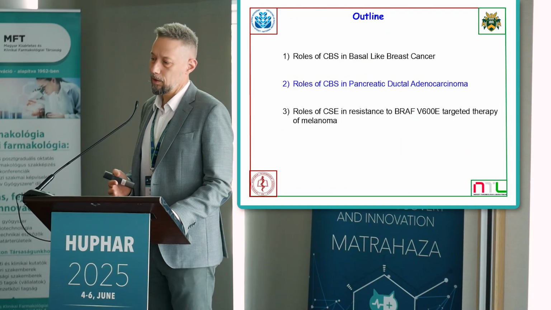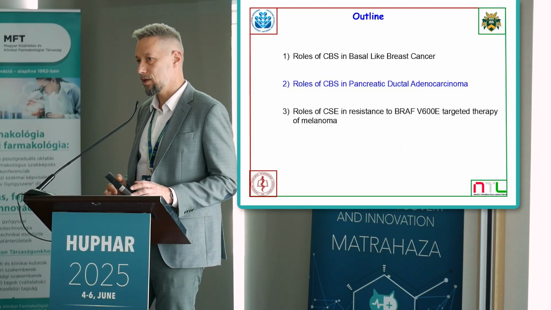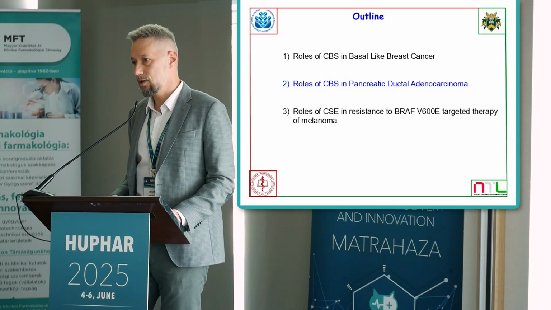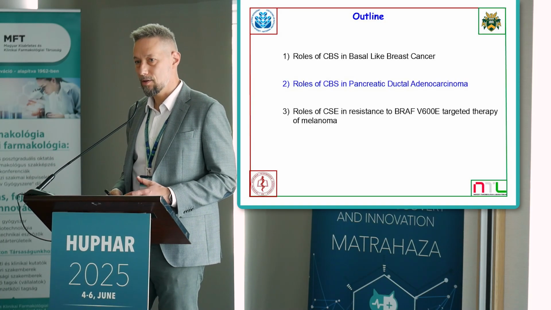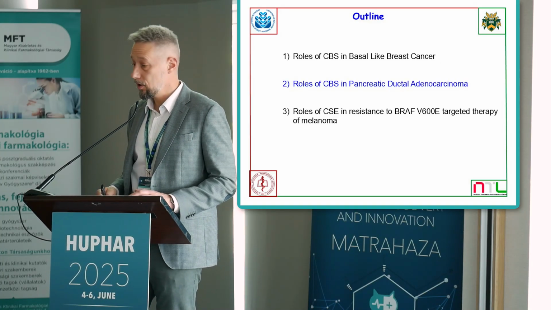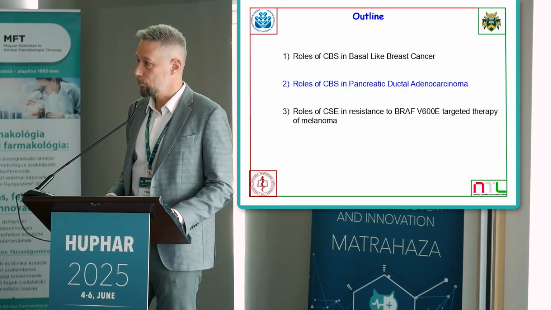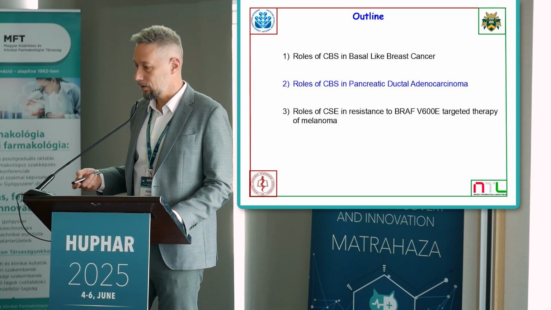The second part of my talk will focus on pancreatic ductal adenocarcinoma. And one of the interesting messages of this presentation is that this transsulfuration pathway is a plastic pathway. It is utilized by tumor cells in various different ways to promote tumor progression, but it appears that different tumors would utilize this pathway in different ways. In ductal adenocarcinoma, we saw a very different mechanism.